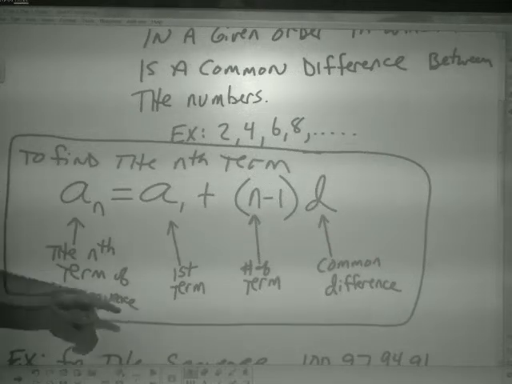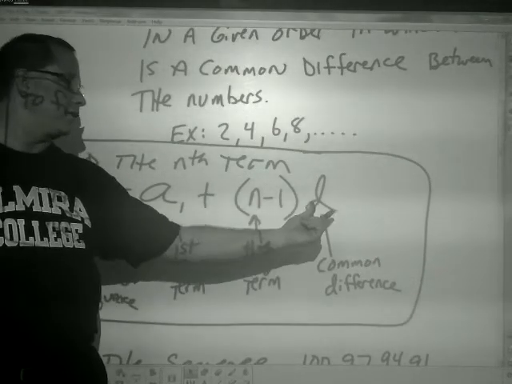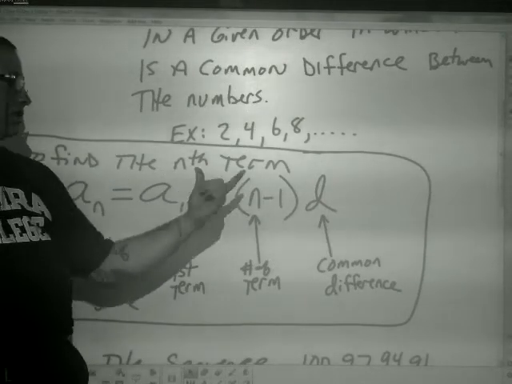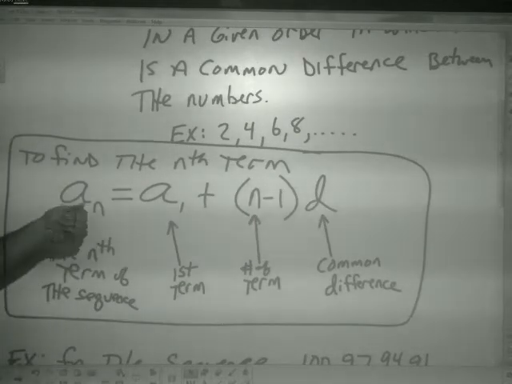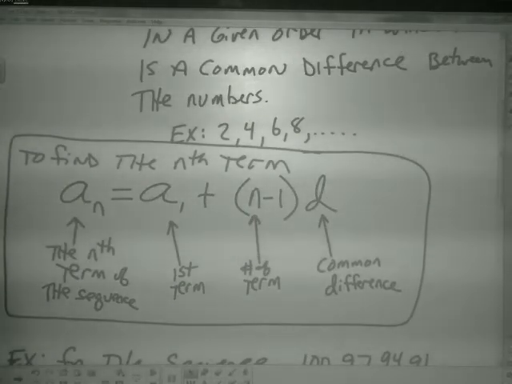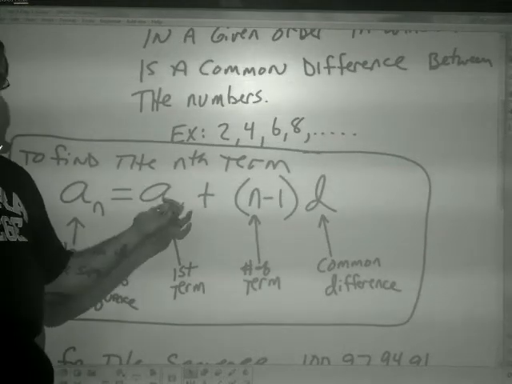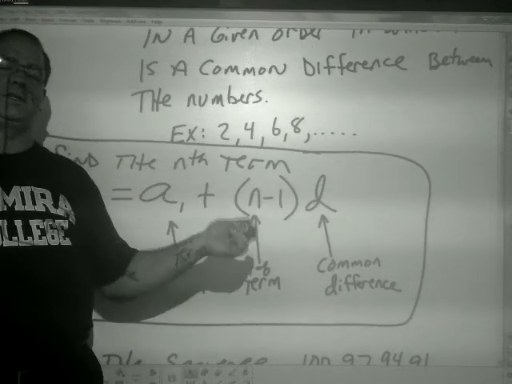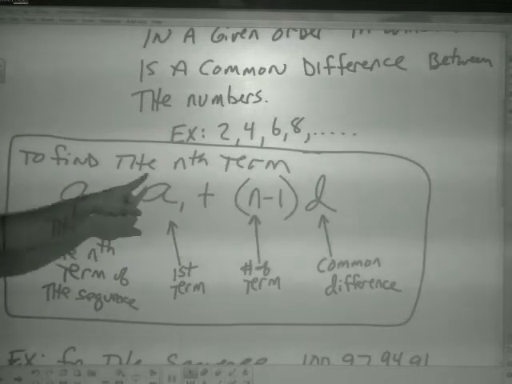And you need to know the common difference. If you know the common difference, you can take the first term plus n minus 1 more differences, add it all together, and you'll have the nth term. If they wanted the 10th term, I'd take the first term plus 9 more differences to get to the 10th term. This general little formula you do not get, you have to remember it.